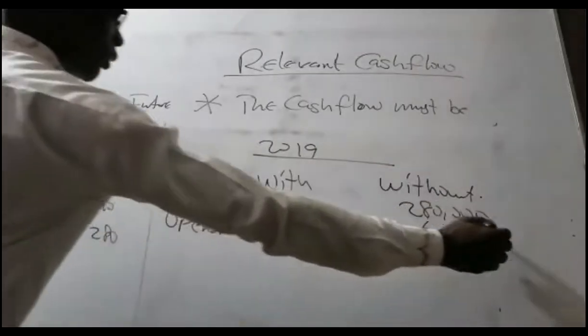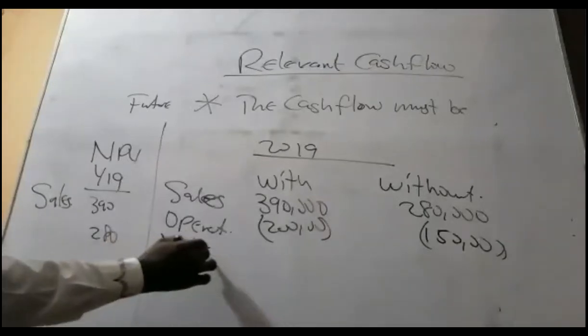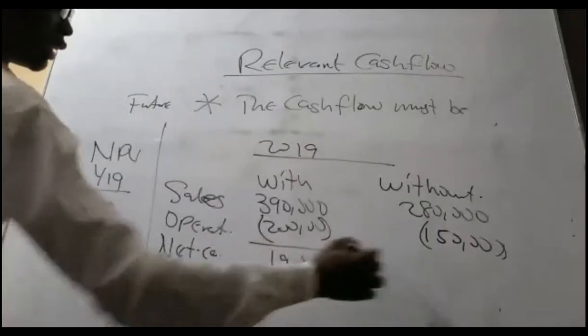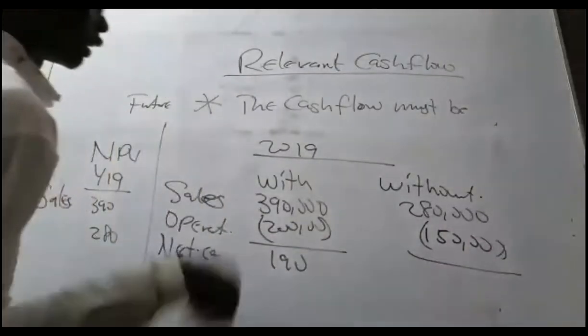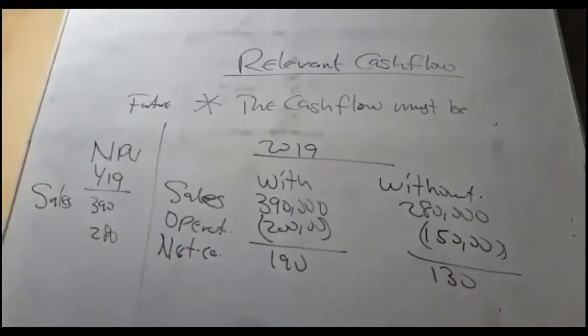So now net cash flow. Assume that here it is 190, and here it is 130. Second answer received.